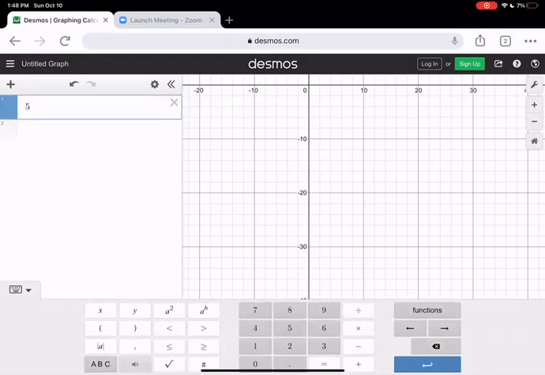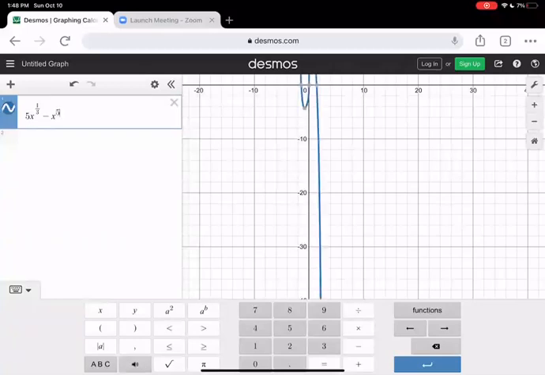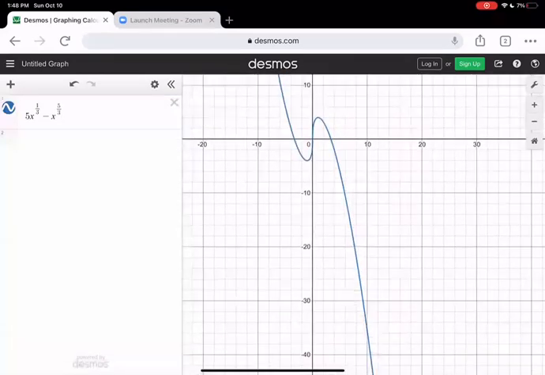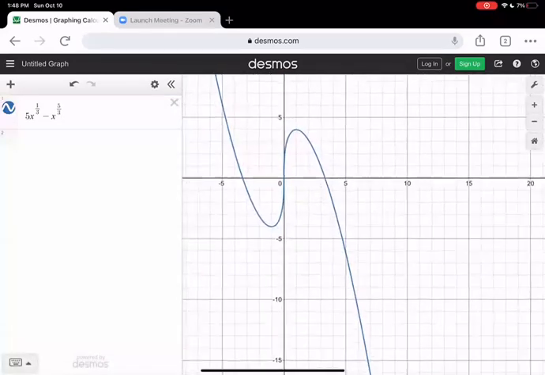So I'm going to plug in my function 5x to the power of 1/3 minus x to the power of 5/3. Okay, excellent. Here we go. So here's our graph. Beautiful.